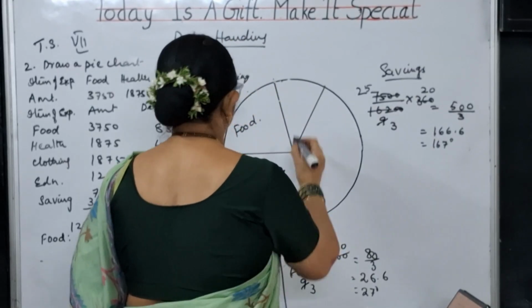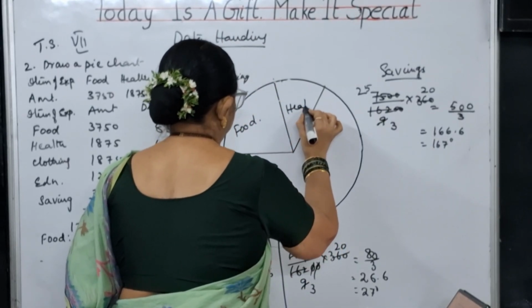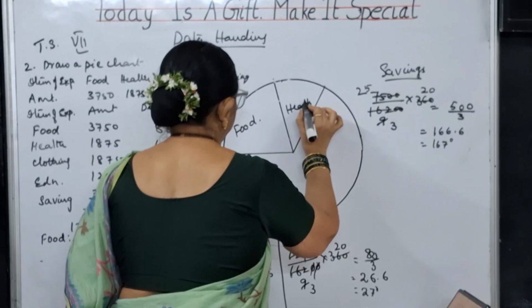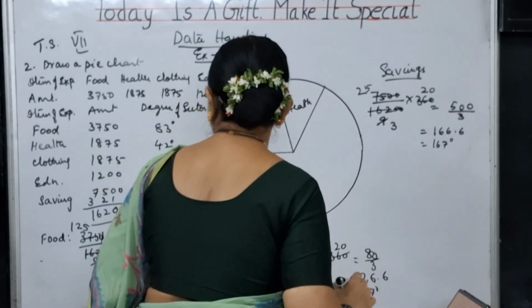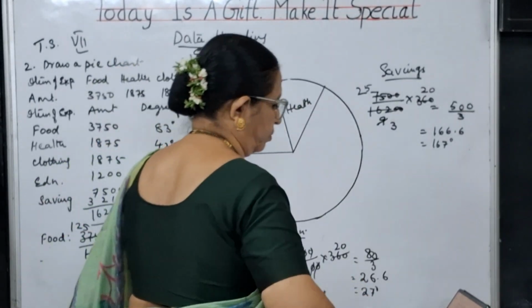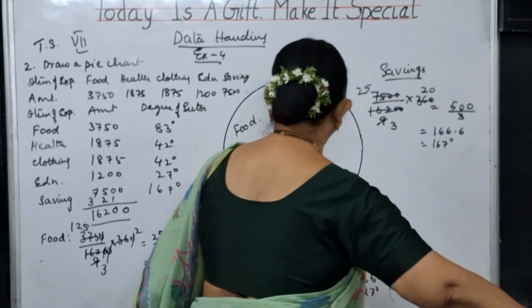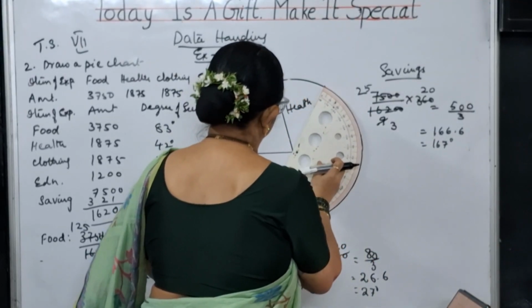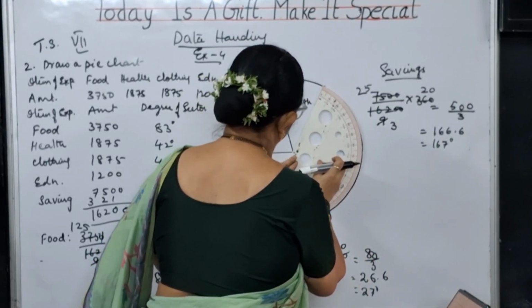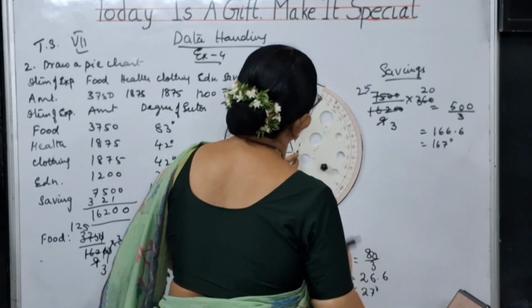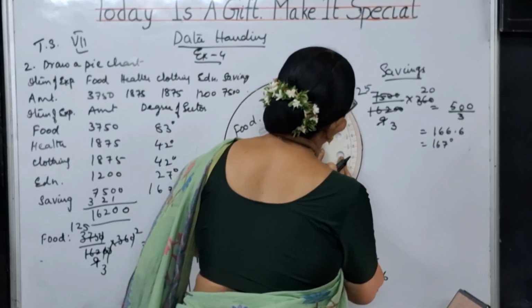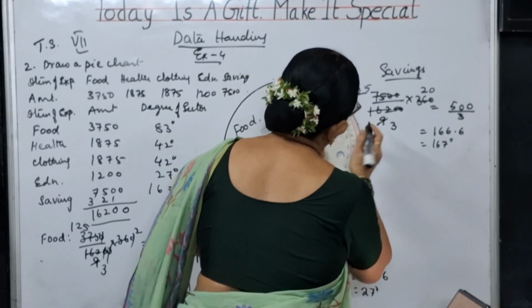What is this? Health. Next, another 42 degrees. Again, you have to place it like this here, and another 42 degrees here.